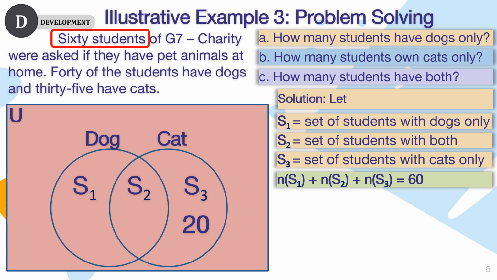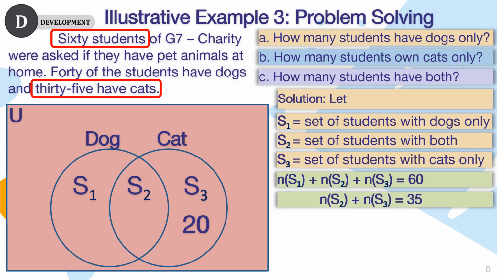Now, let us try to solve for the cardinality of S sub 1. Given from the problem, there were 35 students who have cats. Therefore, we can equate it as the cardinality of S sub 2 plus the cardinality of S sub 3 is equal to 35. Again, let us try to replace the cardinality of S sub 2 plus the cardinality of S sub 3 with 35 in our first equation to solve for the cardinality of S sub 1.